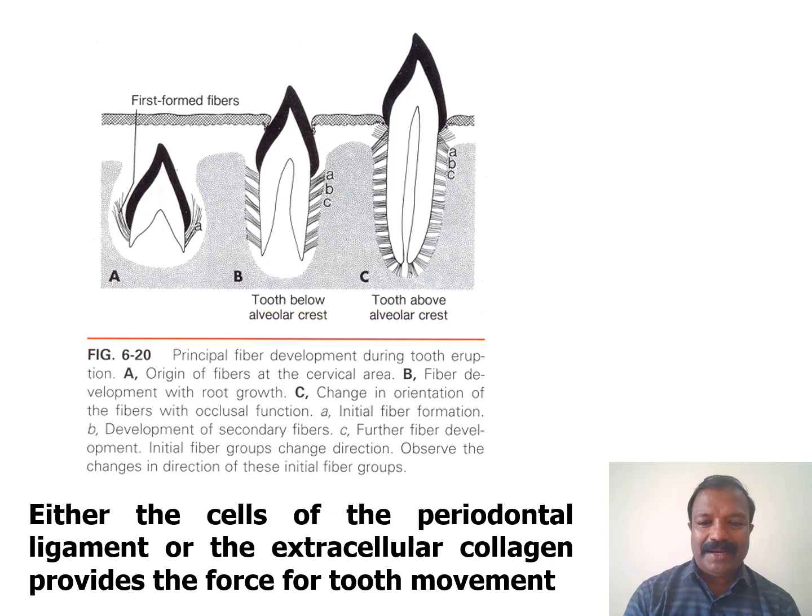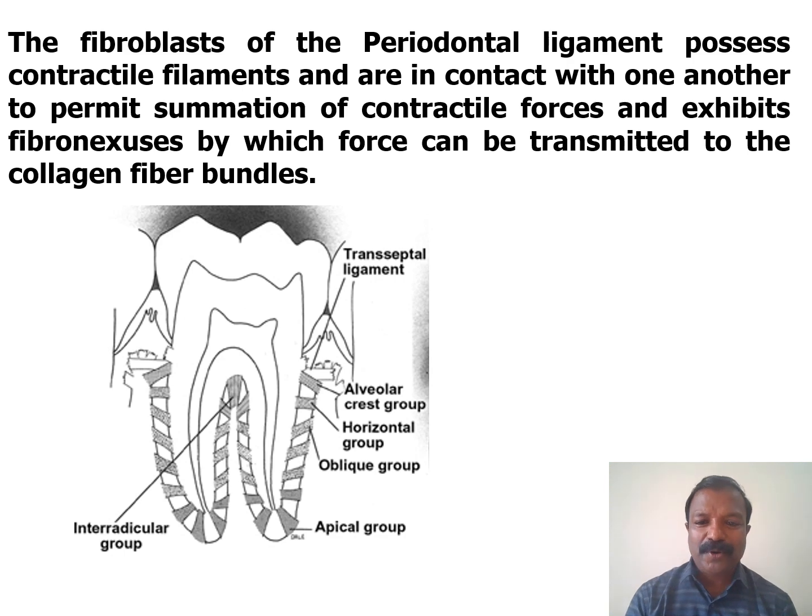So according to ligament traction theory, either the cells of the periodontal ligament or the extracellular collagen provides the force for tooth movement. The fibroblasts of the periodontal ligament possess contractile filaments and are in contact with one another to permit summation of contractile forces, and exhibit fibronexuses by which force can be transmitted to the collagen fiber bundle.